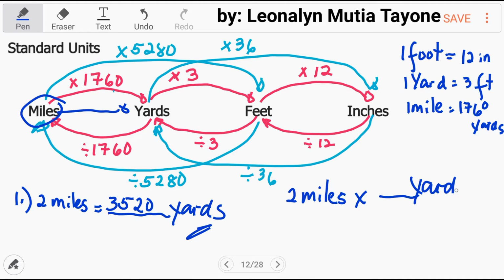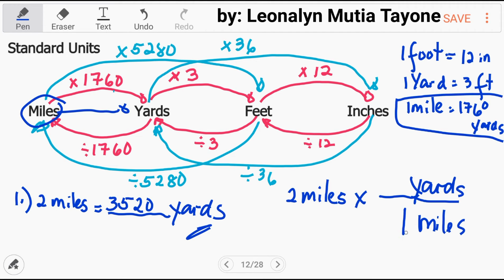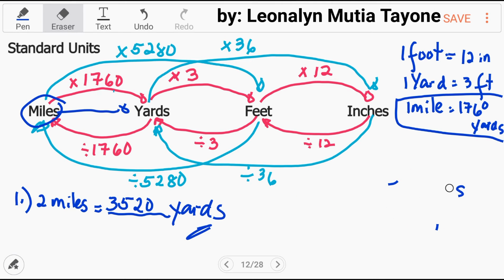So, ang nasa taas, yung numerator natin ay yards, yung denominator natin ay dapat miles. So, saan ba dito yung miles at yards? So, 1 mile is equals to 1,760 yards. So, 1 mile yan siya. So, i-multiply mo lang siya, kaya that is 3,520.